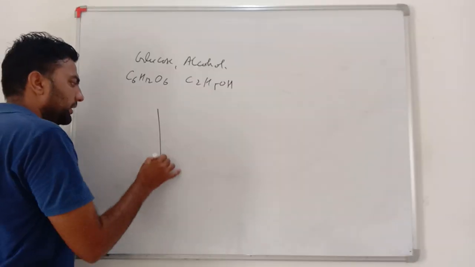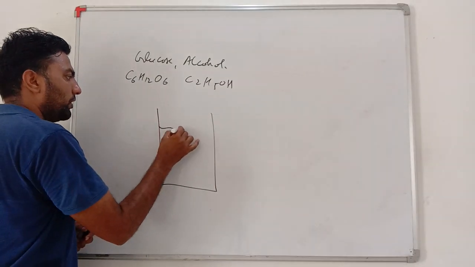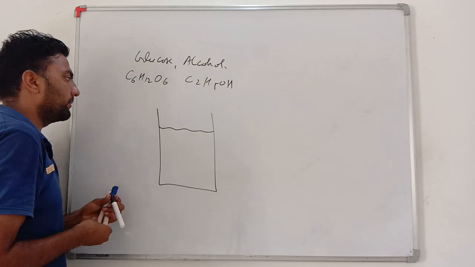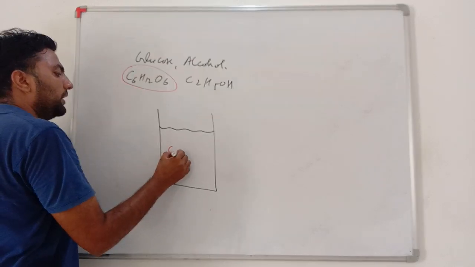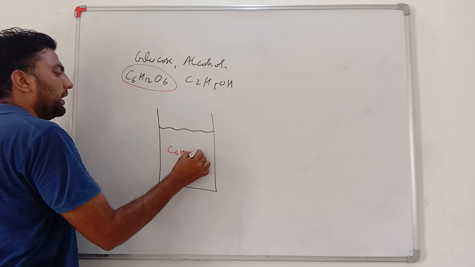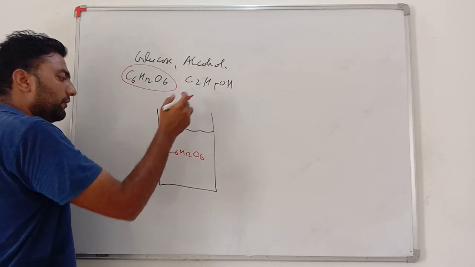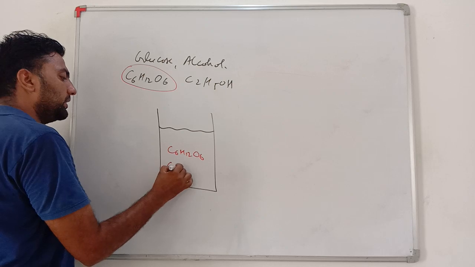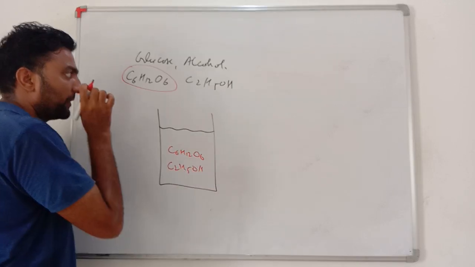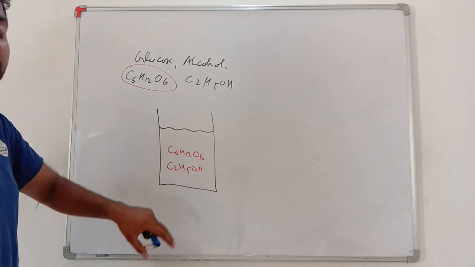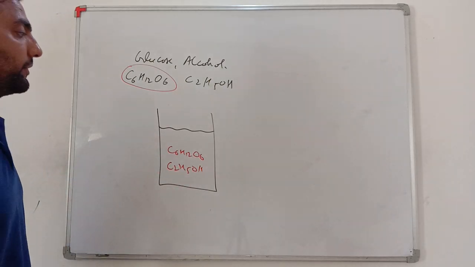If I put these things in water, glucose remains a complete molecule and does not dissociate any H plus ions. Even if I put alcohol, C2H5OH, in pure water, it also does not dissociate any H plus ion.